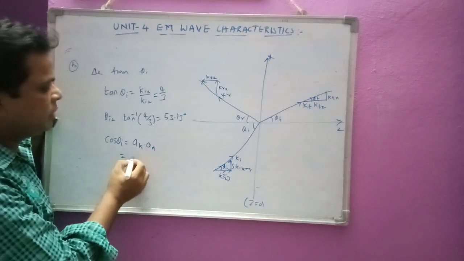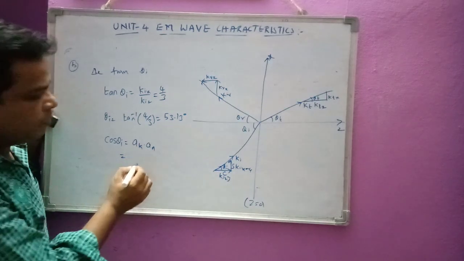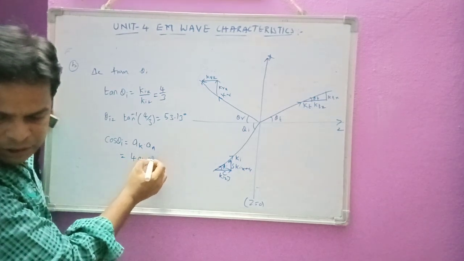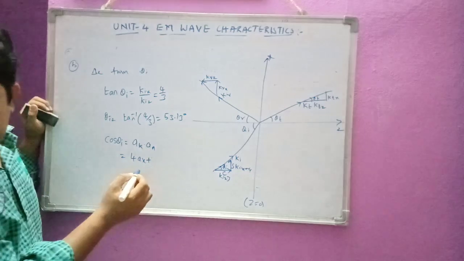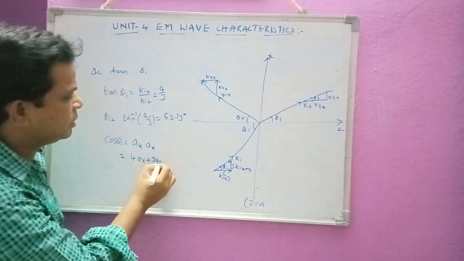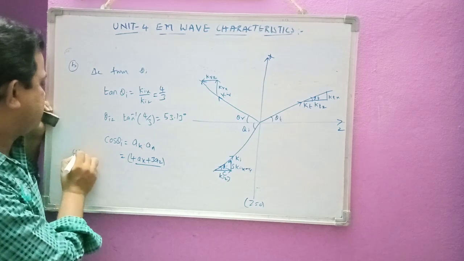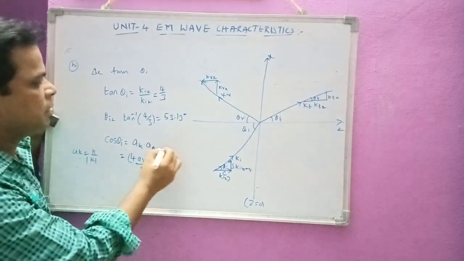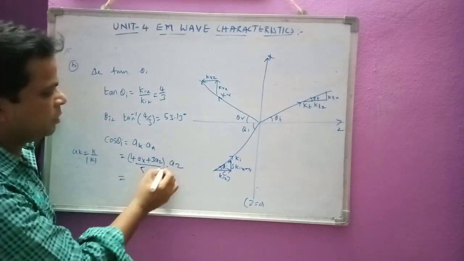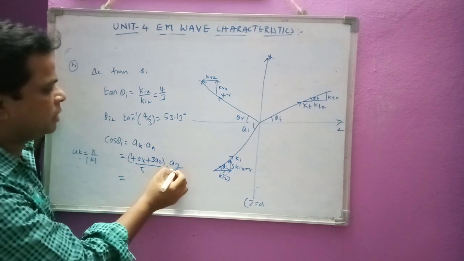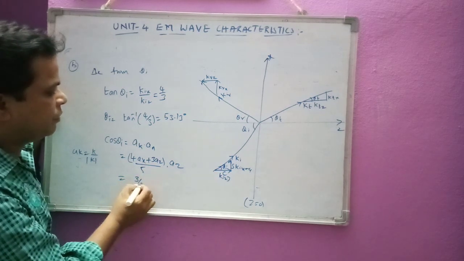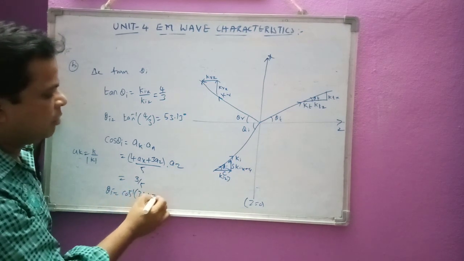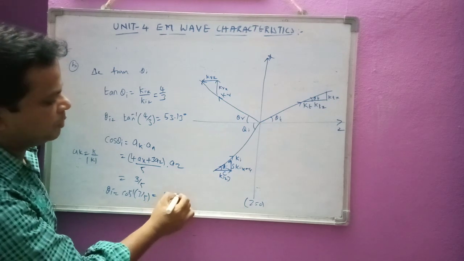Here ak is the given k, 4ax plus 3az, divided by mod k, which is 5, dotted with az. Since az dot az is 1 and ax dot az is 0, we get 3 by 5. So theta i is cos inverse of 3 by 5, which gives the same answer, 53.13 degrees.